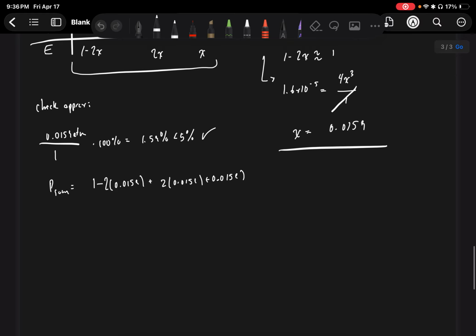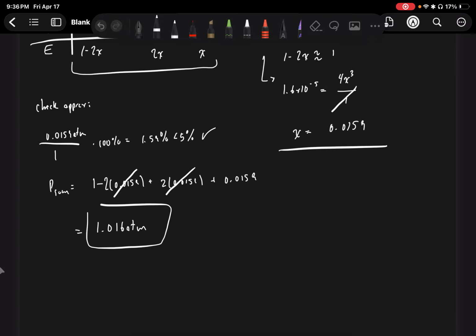Well, technically, even if we don't use a calculator, we could still figure this out because this and this cancel out. So this will be 1.016 ATM. Yes, sir, that matches. Okay, this is gonna be the last question.